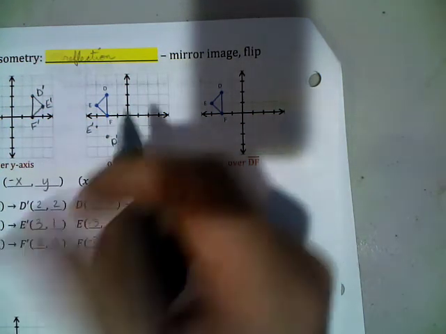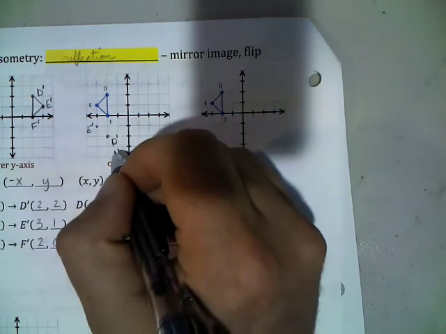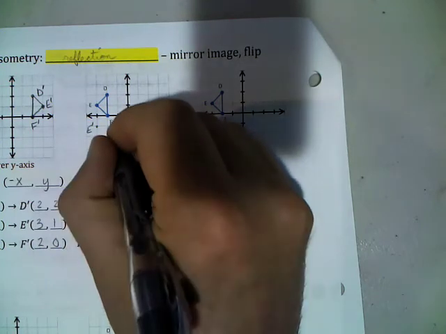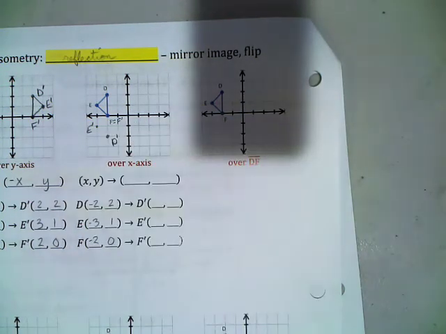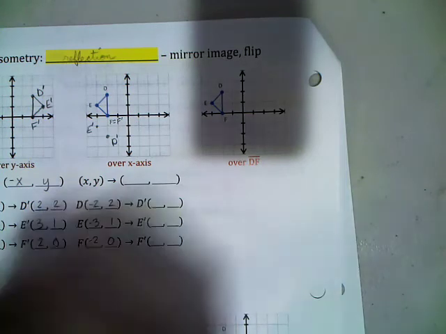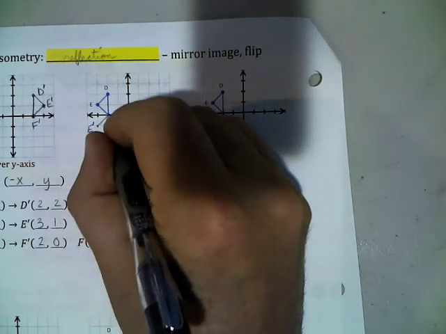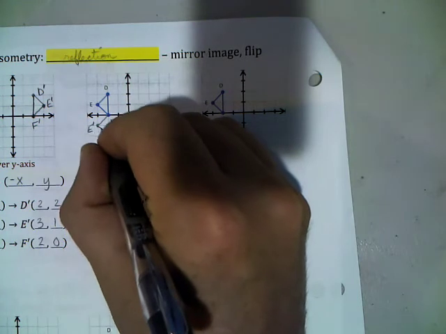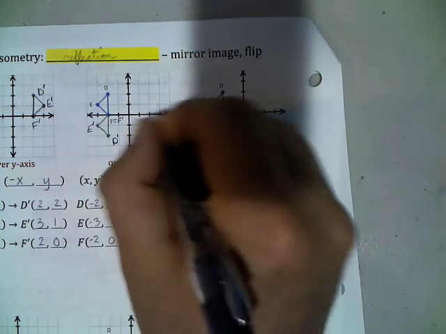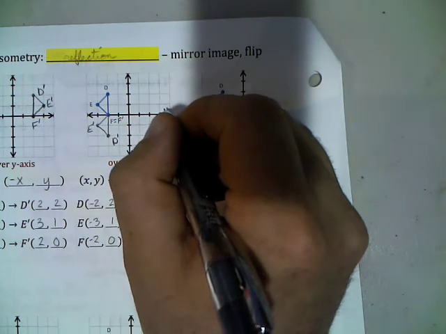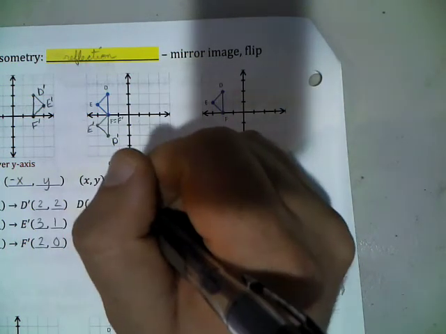So anytime you've got a point that touches your line of reflection, it will be its own reflection. So F and F prime are the same point. So connect the dots. And it should look like if we were to fold along the x-axis, we would get the same triangle.